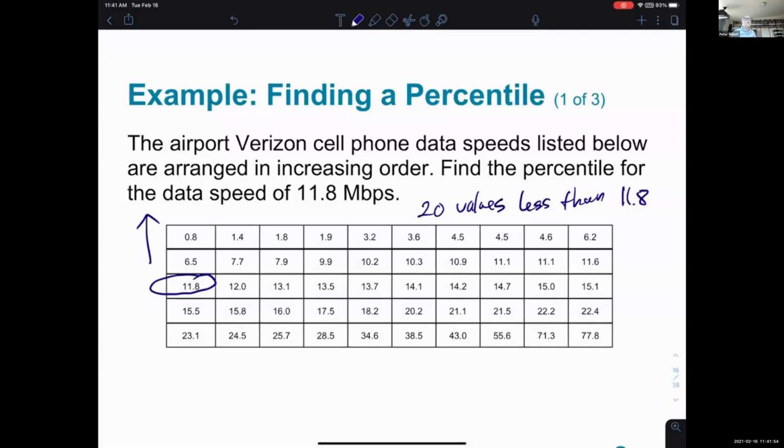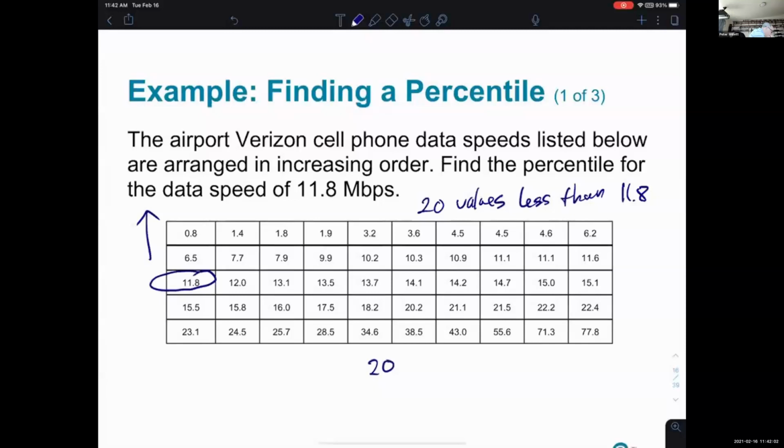And as I just observed, there are 50 values altogether. So what I would do is I would say there are 20 values that are less. There are 50 values altogether. That's the portion of the data that's less than the 11.8.